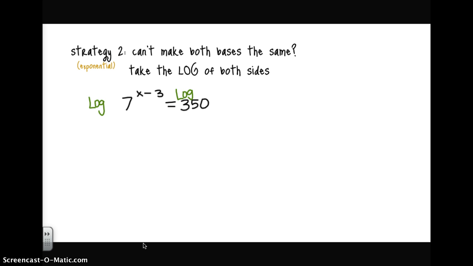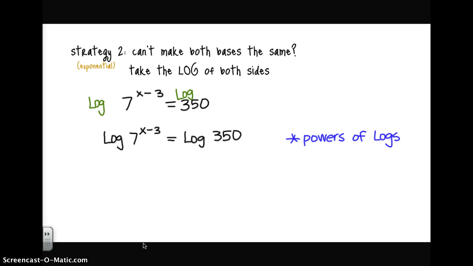So I'm going to take log base 10, right? So log base 10 of 7 raised to the x minus 3, and that's going to equal the log of 350. Now, by the power rule, the powers of logs rule, this x minus 3 can be brought to the front.